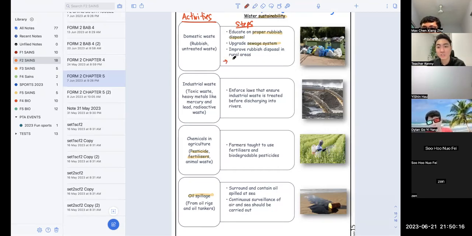Now, what else we can do? We can recycle waste, or other answer, practice your 5R or 3R. Reduce, reuse, recycle. You think what, ma? 5R, right? Next.